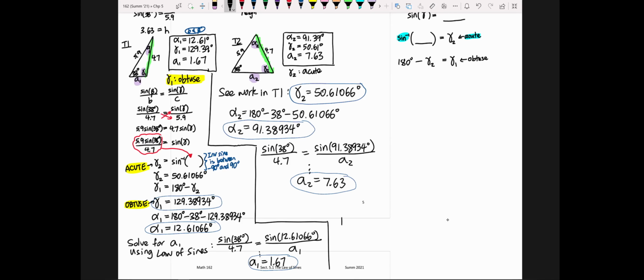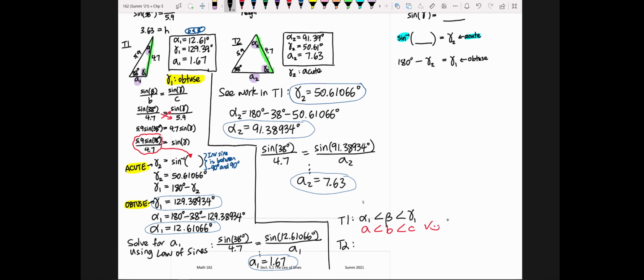Okay, remember we learned that check step. So for triangle 1, looking at the angles from smallest to largest, it goes alpha 1, and then beta, and then our gamma 1 is our largest angle. Therefore, in triangle 1, A should be the shortest, and then B, and then C. So let's check. A is the shortest, and then B, and then C. So check.